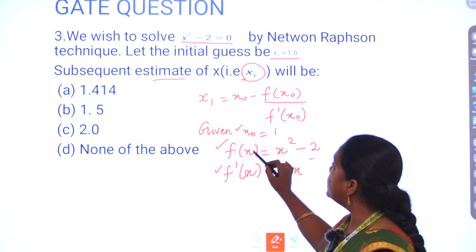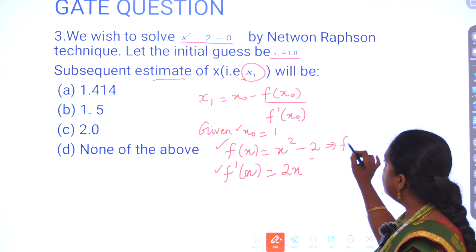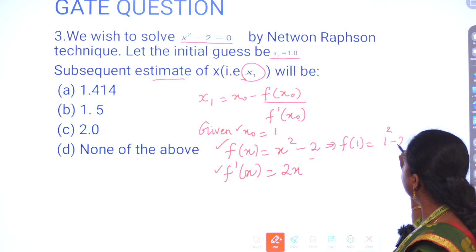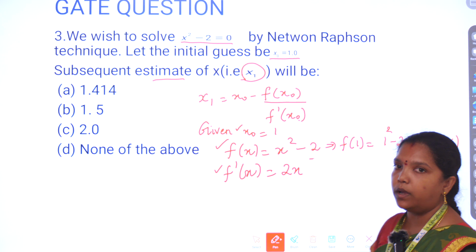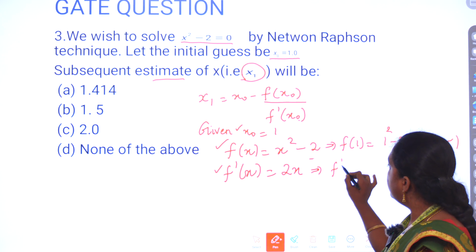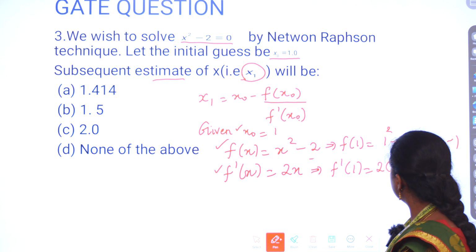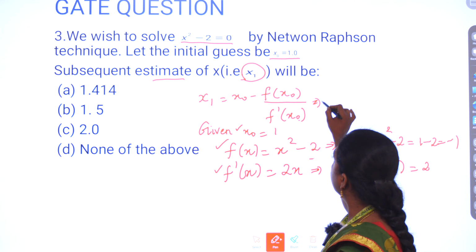For this we need to know the f of 1 value and f dash of 1 value. Here you substitute the x naught value 1, it will be 1 square minus 2, which is 1 minus 2, which is equal to minus 1. Similarly in the derivative, f dash of 1 equal to 2 into 1, which is equal to 2. Substitute these values in the x1.